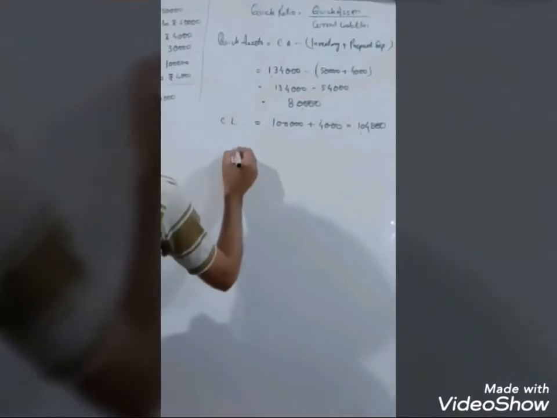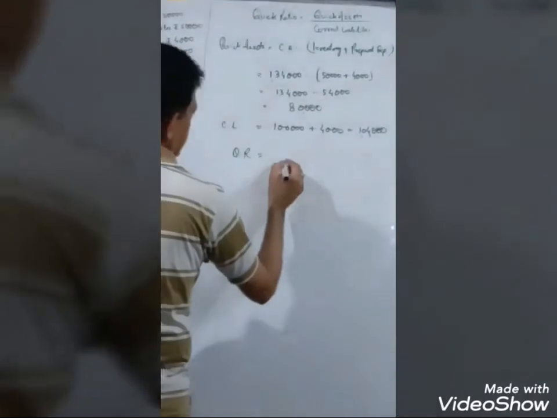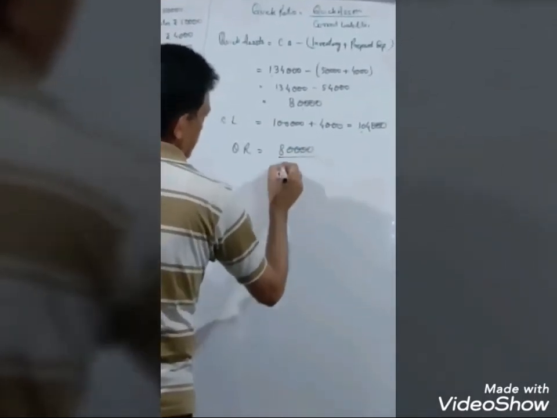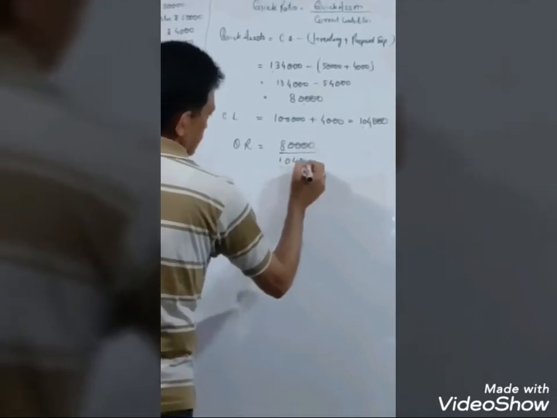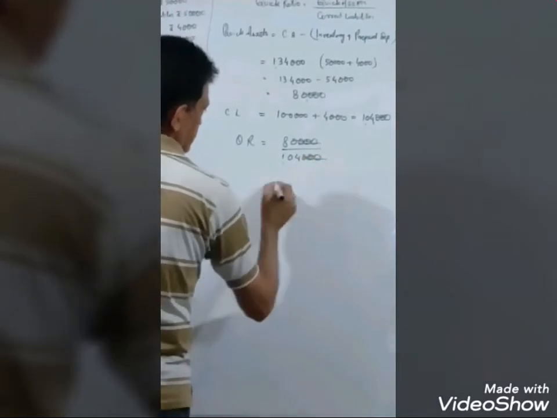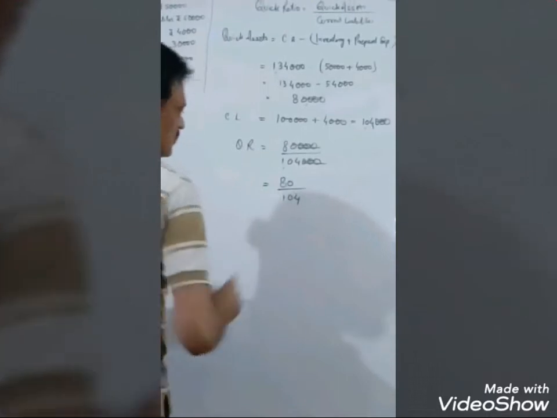Now for calculating the quick ratio, or liquid ratio, quick assets 80,000 divided by current liabilities 1,04,000. Now we will divide this, we will get 80 divided by 104.